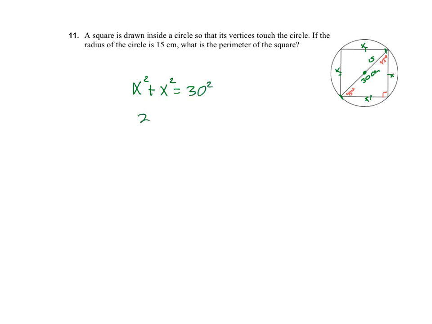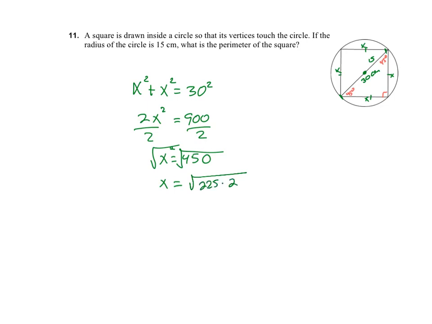So 2x squared equals 900, divided by 2, so x squared equals 450. And the square root of that equals the square root of 225 times 2. So x equals 15 square root of 2 centimeters.